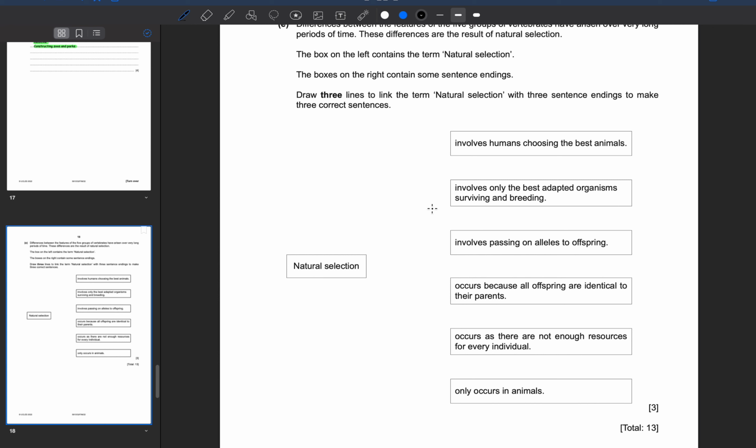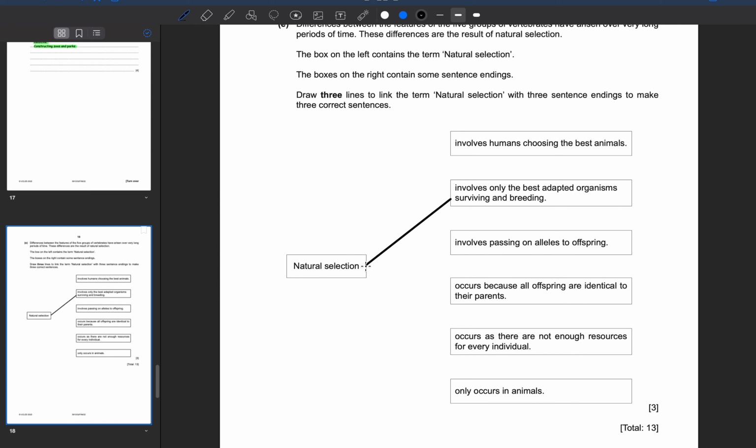It's natural selection. So the first one is involves only the best adapted organisms surviving and breeding. Only the organisms that can survive and reproduce.